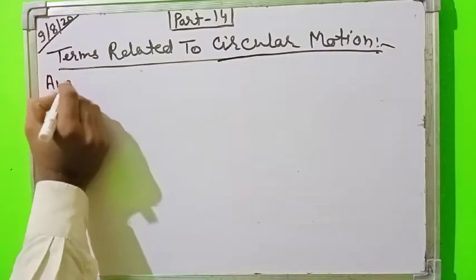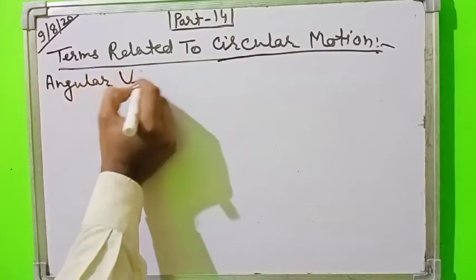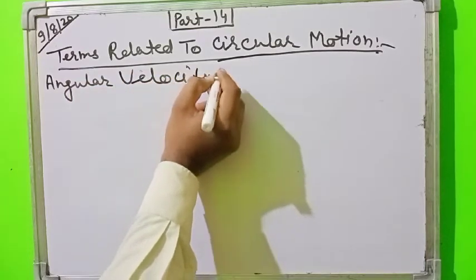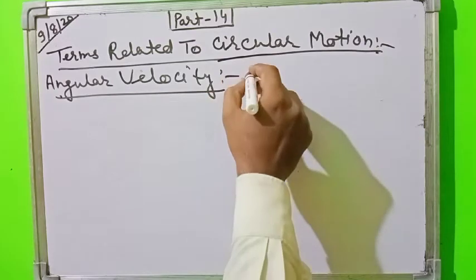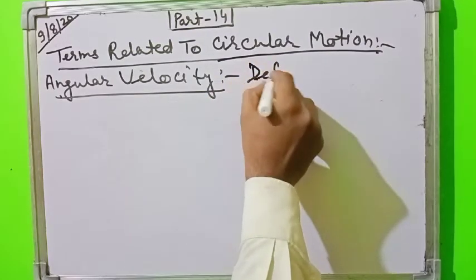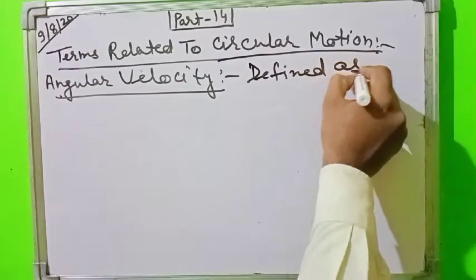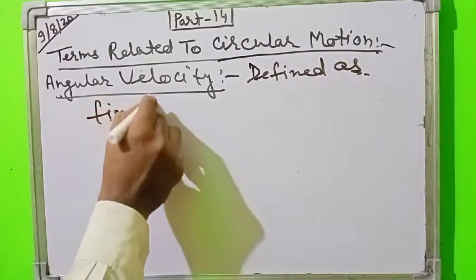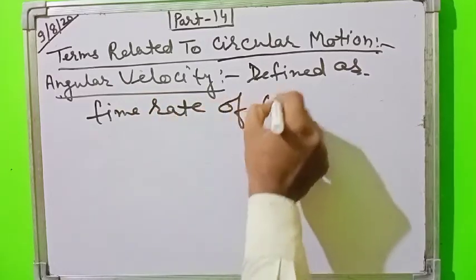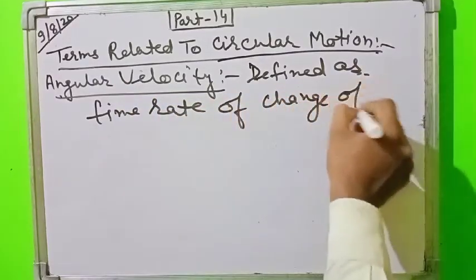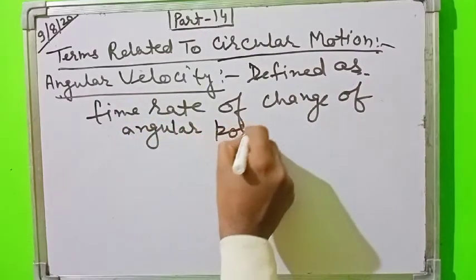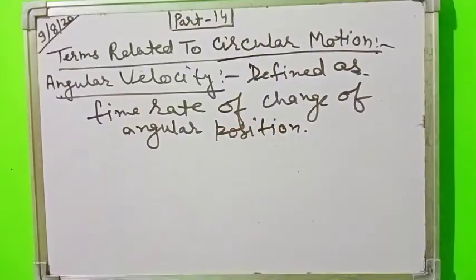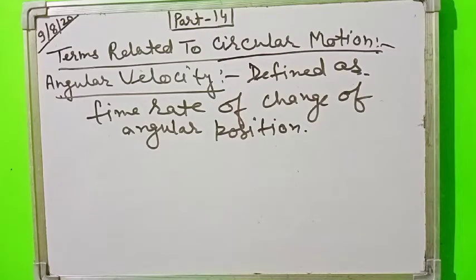Angular velocity is defined as the time rate of change of angular position.